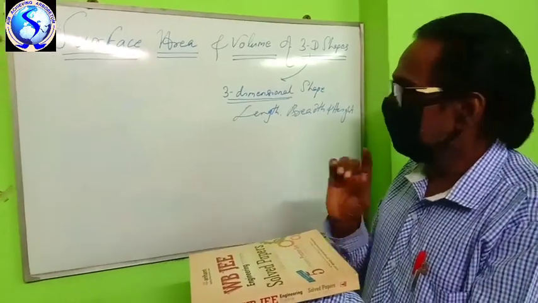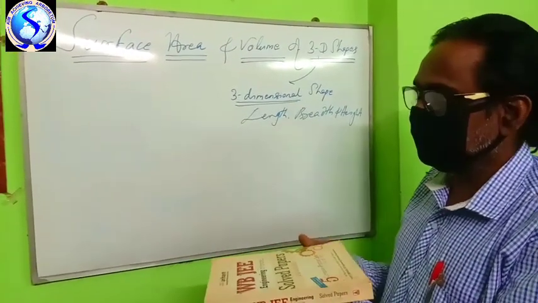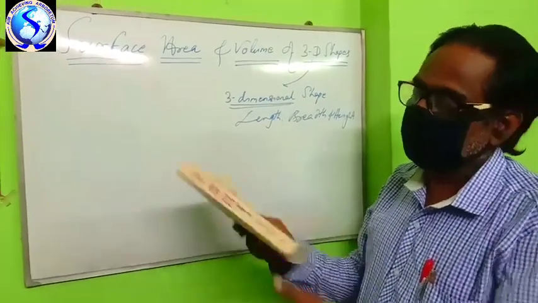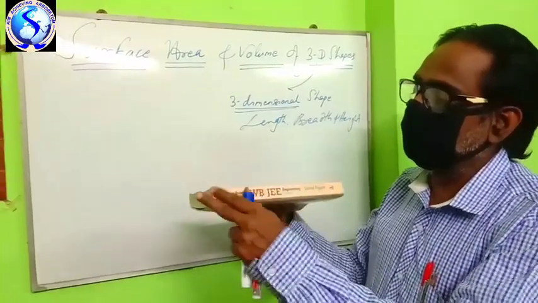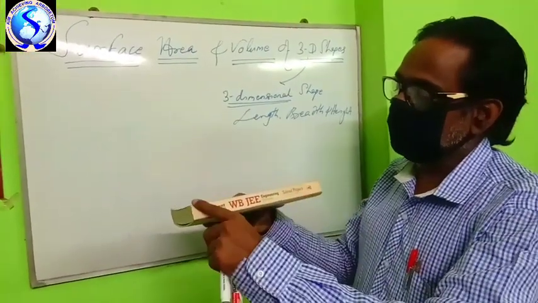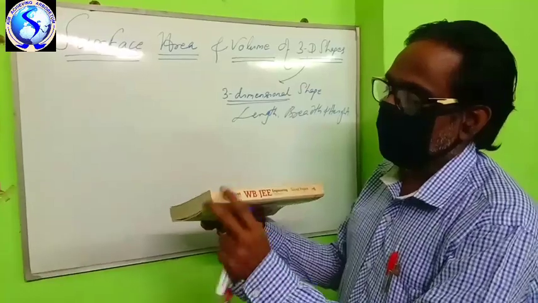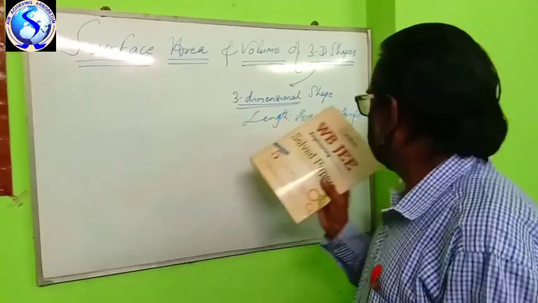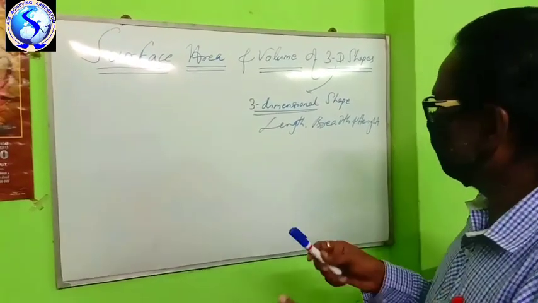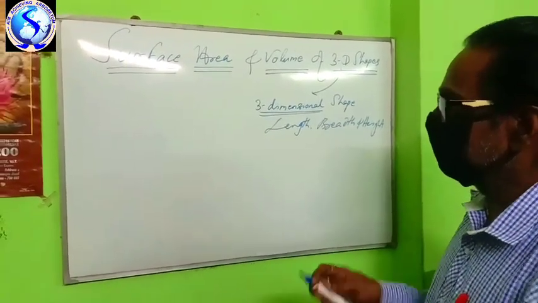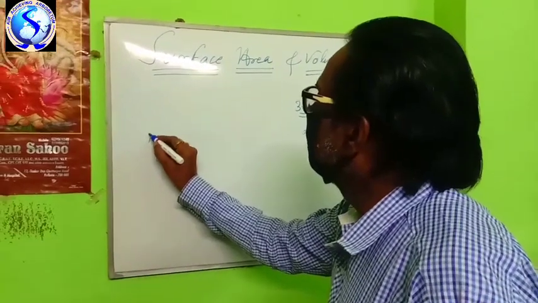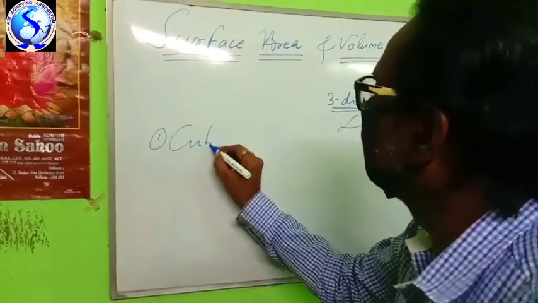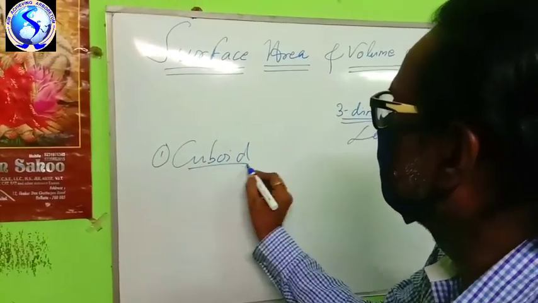Okay. There are different types of three-dimensional geometry. One is cuboid. This is nothing but a cuboid. Length, breadth and height are there. So first of all, you should know one by one. Let us discuss three-dimensional geometry figures. Number 1, cuboid.